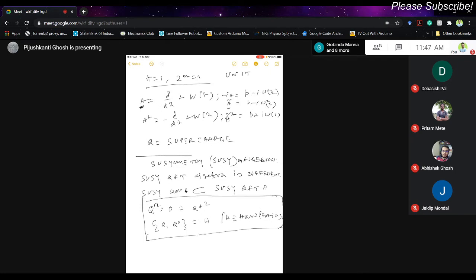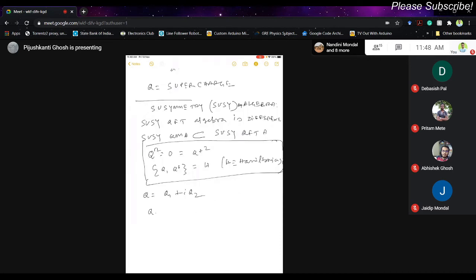Now note that the Q I have written here is not Hermitian. One can write Q in terms of Q1 and Q2, where Q1, Q2 are real supercharges. Okay, this is also possible.